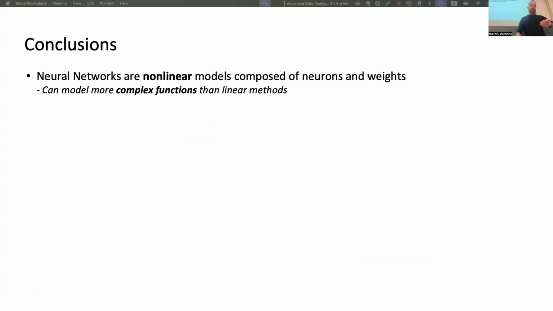So to conclude this part, we've seen that neural networks are non-linear models, which are composed of neurons and parameters, which are weights, and they're able to model more complex functions than linear methods.